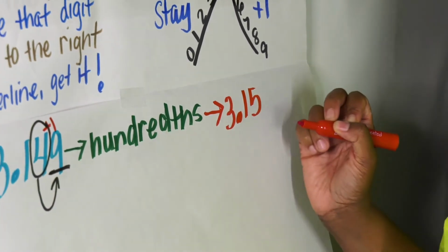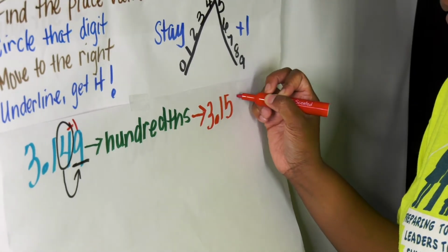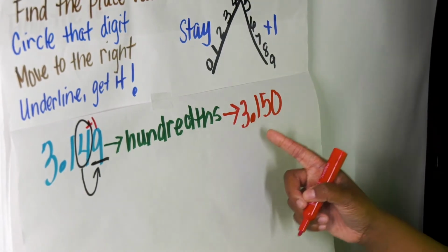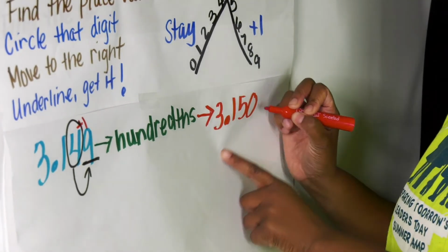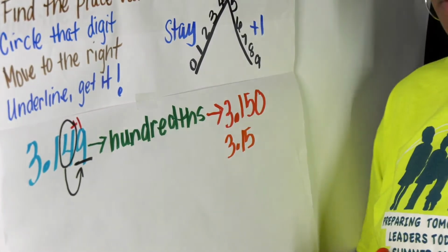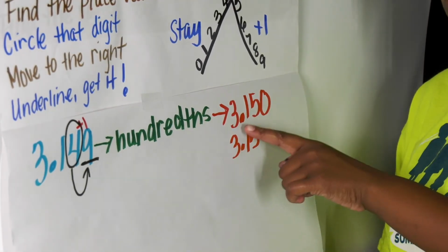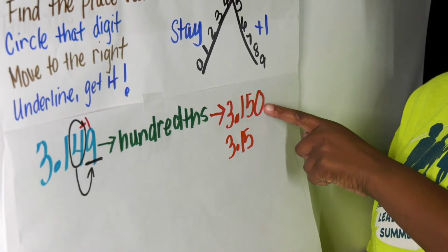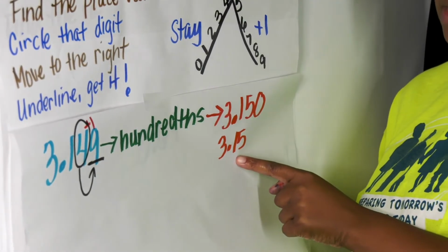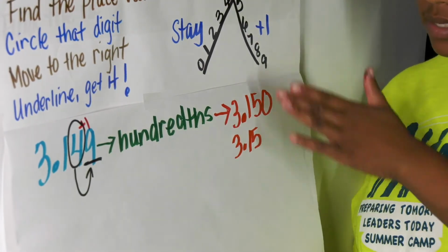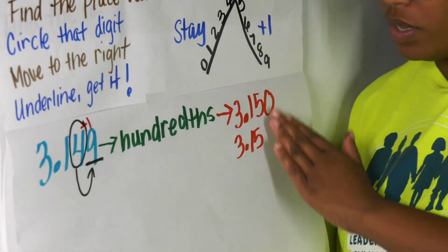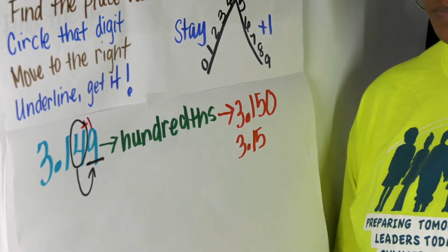Any number after our circled value becomes a 0. So this can be written like this or like this without the 0. How is it read? 3 and 150 thousandths or 3 and 15 hundredths. It's the same number. The 0 has no value, so either way you write it would be correct.